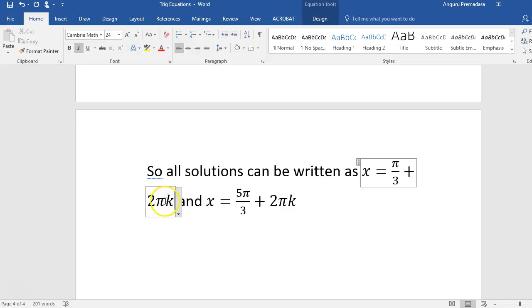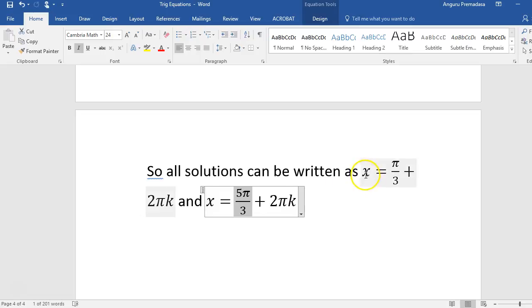For different values of k, you get different angles. For example, if k is 1, you get pi over 3 plus 2 pi. If k is equal to 2, you get 2 times 2 pi, which is 4 pi, so you get pi over 3 plus 4 pi, and so on. The same deal for 5 pi over 3: you get 5 pi over 3, or 5 pi over 3 plus 2 pi, or 5 pi over 3 plus 4 pi, or 5 pi over 3 plus 6 pi.